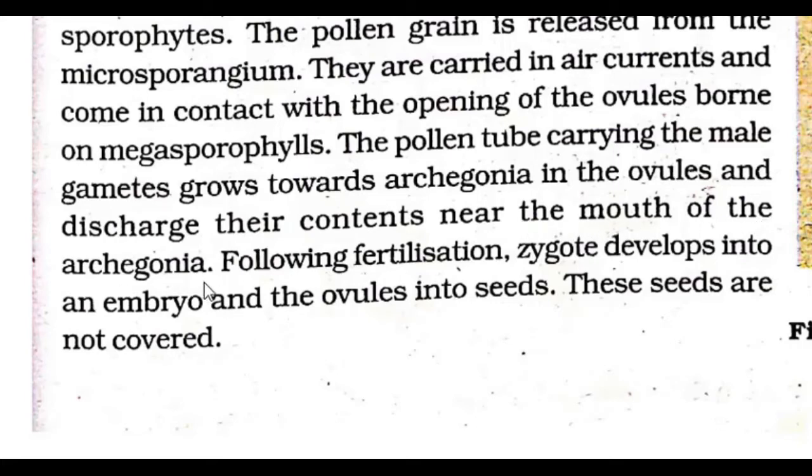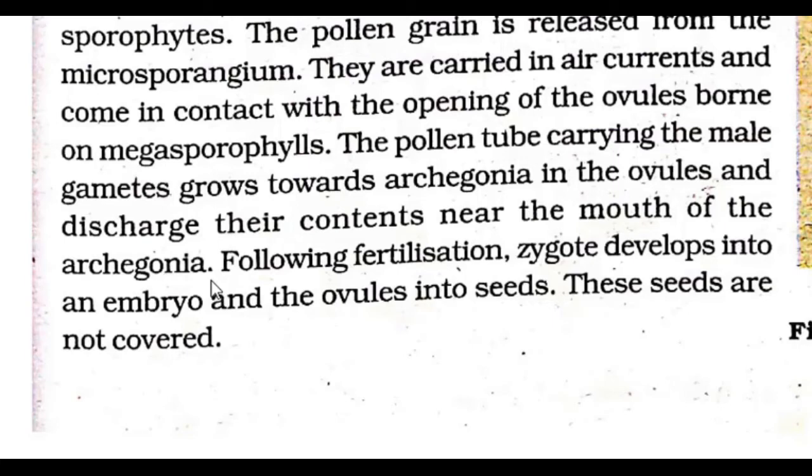This pollen tube usually carries 2 male gametes. In the case of gymnosperms, only one is functional, the other degenerates. One of the male gametes fuses with the egg. Then what happens?